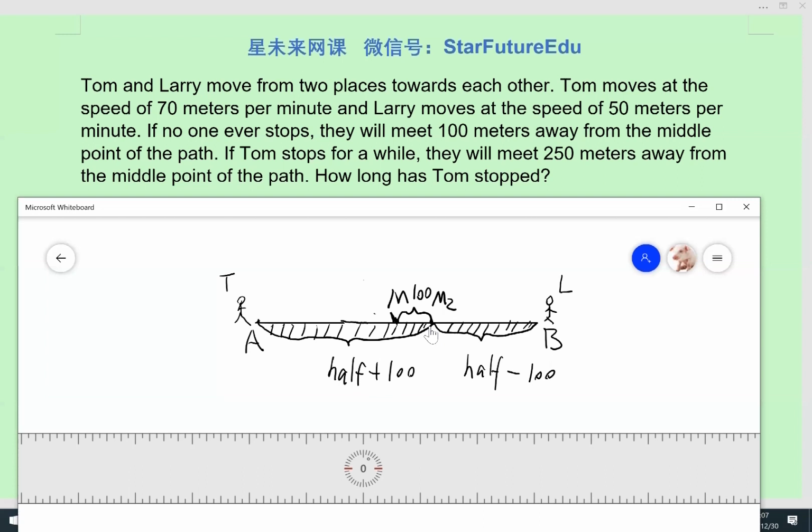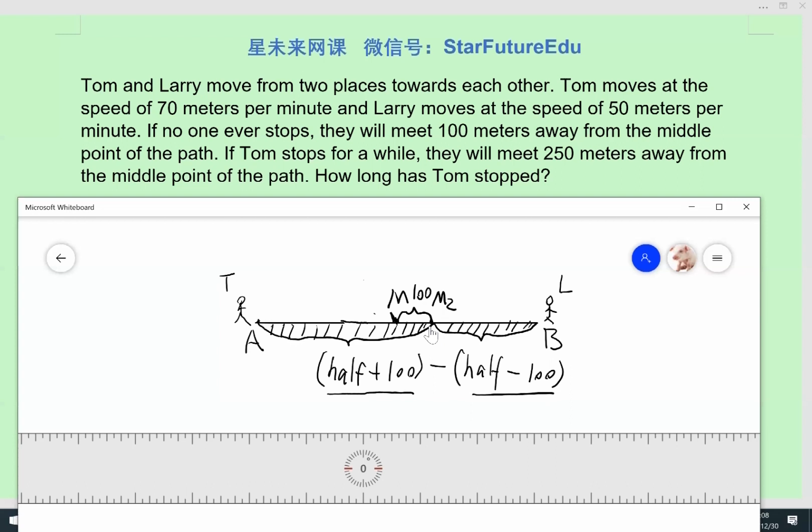So one distance is half plus 100. One distance is half minus 100. The difference between the two distances is 200, not 100. Okay, cool. Now we know Tom had traveled 200 more meters than Larry for the same amount of time.